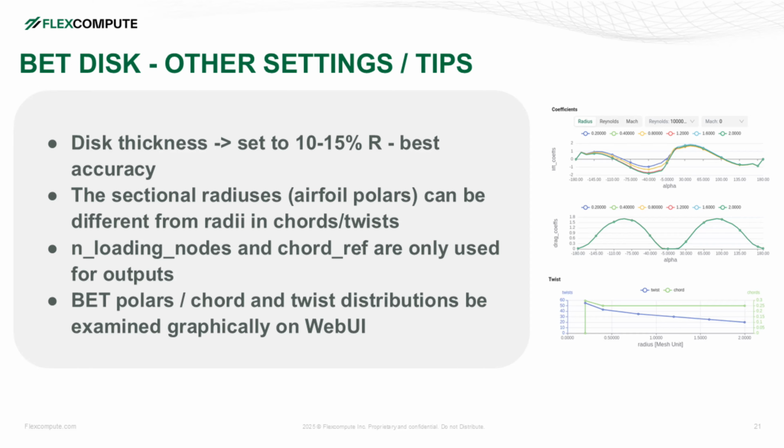The inputs of N loading nodes and chord ref are only used for the sectional loading, output scaling, and distribution, and do not affect the simulation result itself. The last thing is how you can graphically examine BET polars, chord, and twist distributions using the web UI using the Visualization tab.